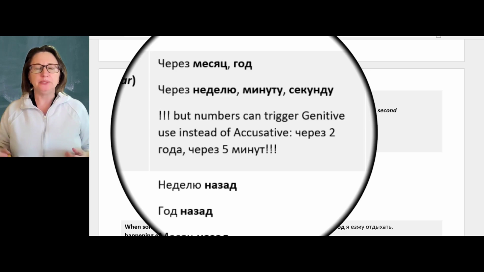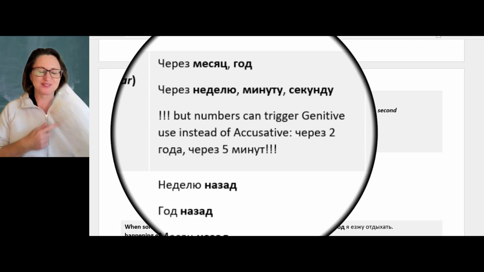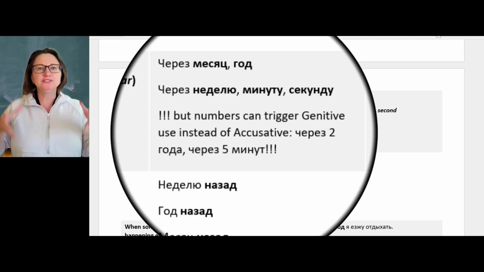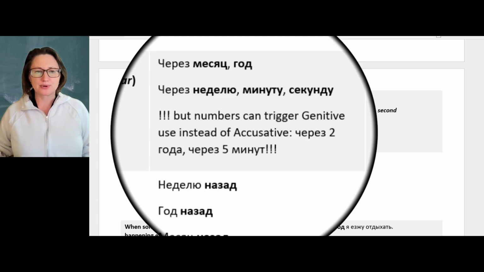As soon as you add numbers to this mix, and the number is other than 1, that triggers genitive. Remember, numbers other than 1 go with genitive, either singular or plural, and numbers overrule other contexts. So just like with the noun and adjective charts, even with the context, accusative lets genitive take over sometimes when numbers are present.